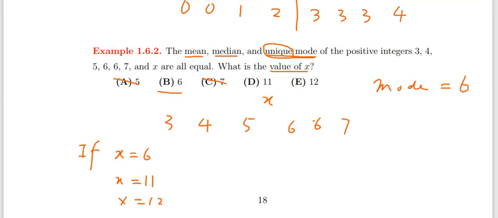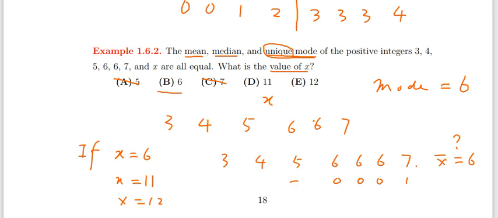So let's say we have 3, 4, 5, 6, 6, 6, 7. The average equals 6, so we just check this. How can we check this? We can add them up, divided by 7. But this is not a good way. So we just set 6 as 0, so we change these to 0, 0, 0, and 7 changes to 1.